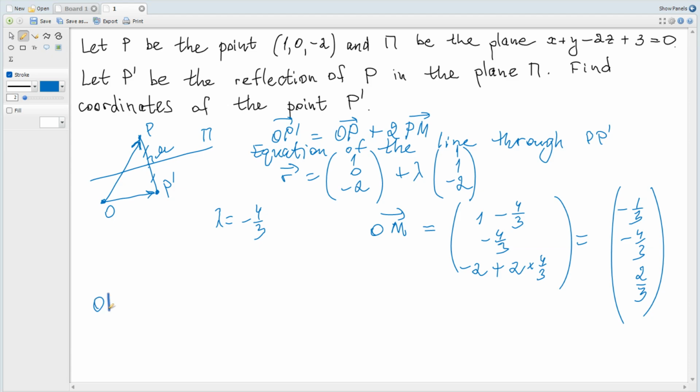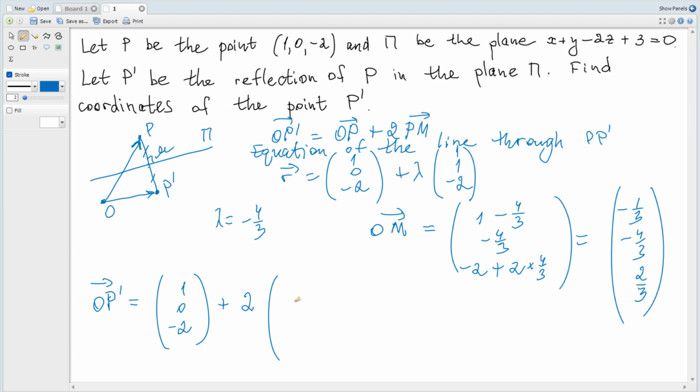And hence the OP prime vector becomes OP, 1 0 negative 2, plus 2 times PM, and PM can be found as we can consider coordinates of point M as negative 1/3, negative 4/3, 2/3, and coordinates of point P as 1 0 negative 2, and hence components of a vector become coordinates of the endpoint minus coordinates of the starting point.